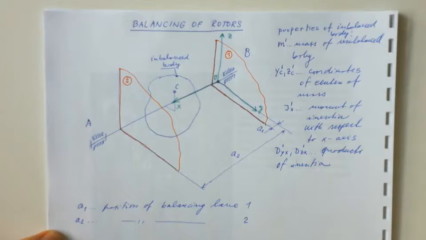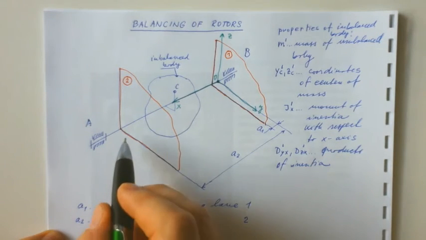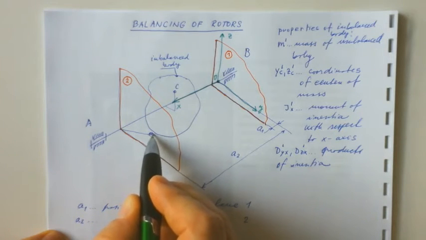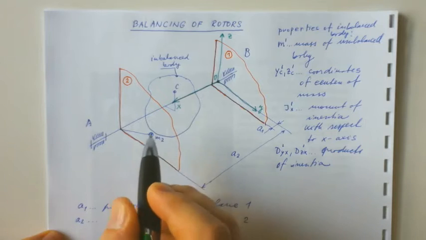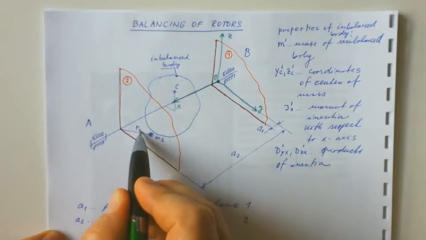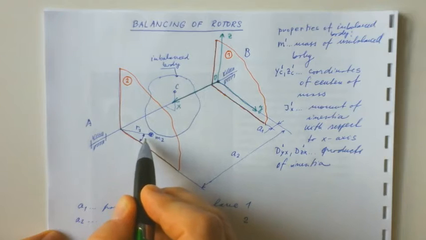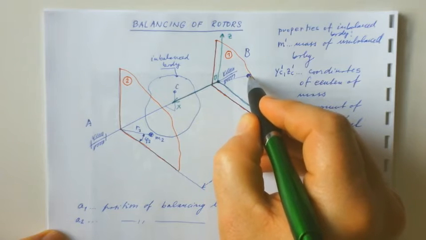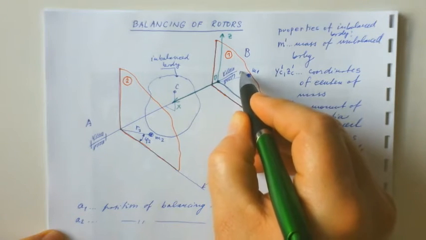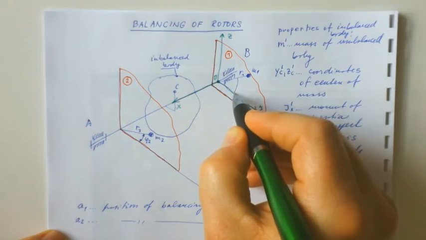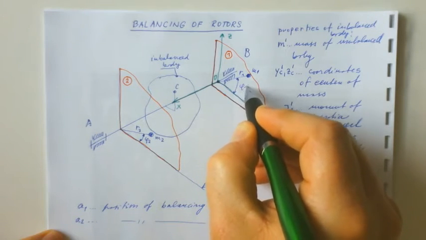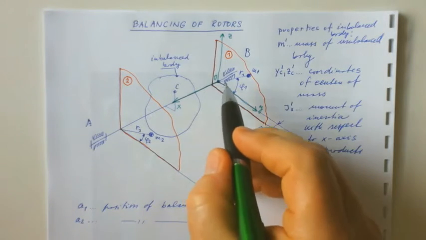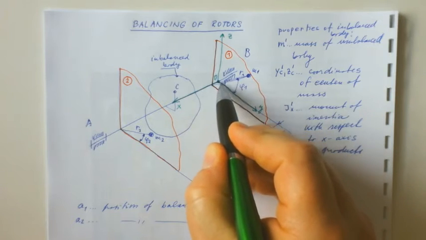To these balancing planes we add balancing masses. There will be balancing mass M2 on radius R2 under angle phi2, and balancing mass M1 on radius R1 under angle phi1. Oh, sorry, it must be here.